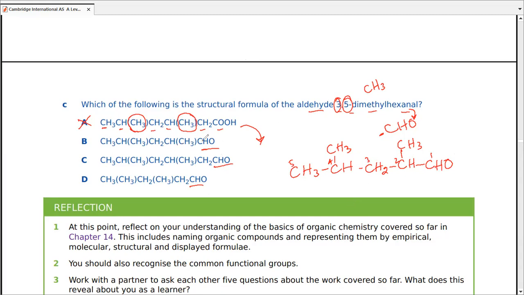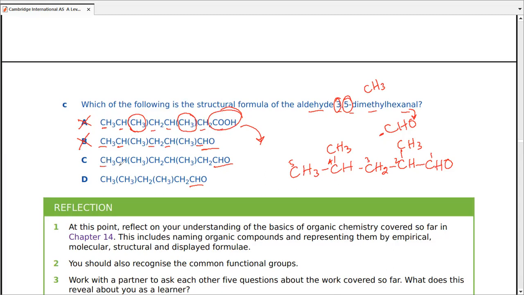And this you can count without brackets. Remove the brackets: 1, 2, 3, 4, 5. The parent chain is not hex. You don't even need to do this further. I'm trying to explain how to read this, how you do not need to draw this entire structure. If you know the hints or the tips to solve the MCQs, you can do them quickly without even drawing them. This goes out as a wrong option because of this. It's not an aldehyde. So this was an aldehyde, but there are 5 carbon atoms.